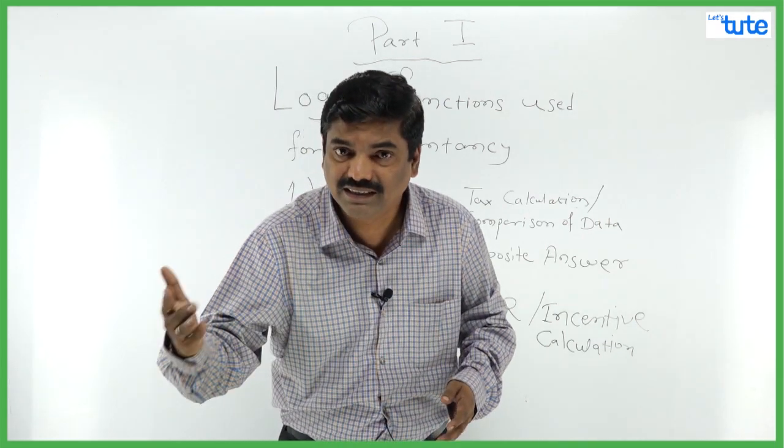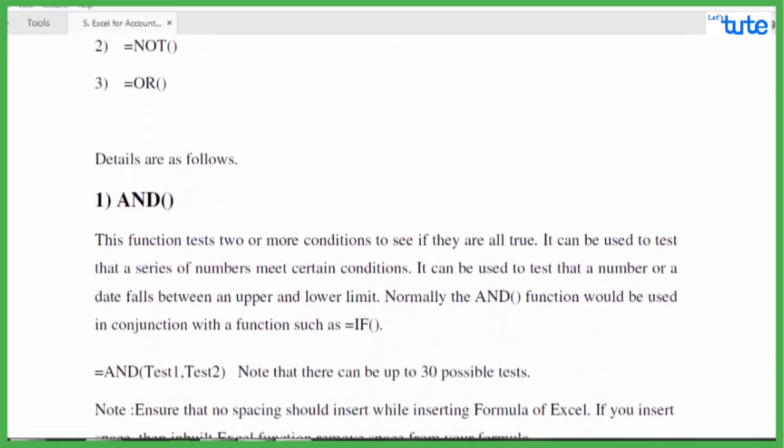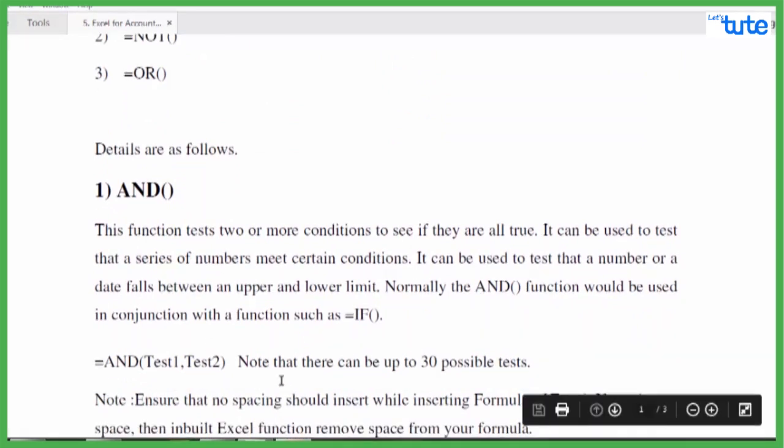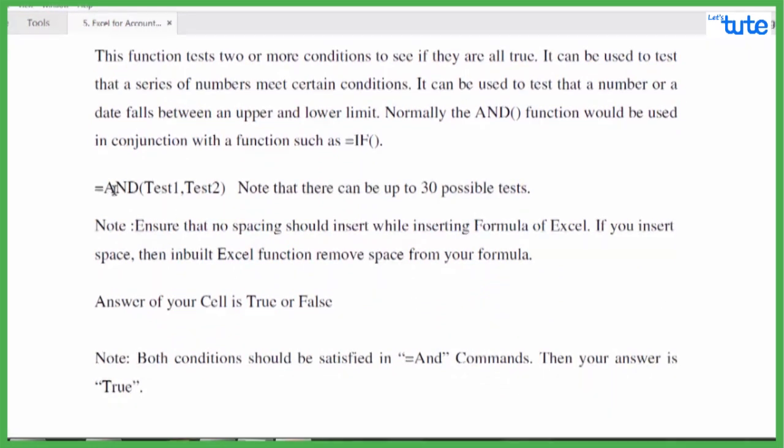So let's start it. Now the AND command. In the AND command, Excel has given an option to give 30 possible tests. How many? 30 possible tests. Please note that after typing the AND command, you have to give a bracket, that is your first condition, comma, second condition.